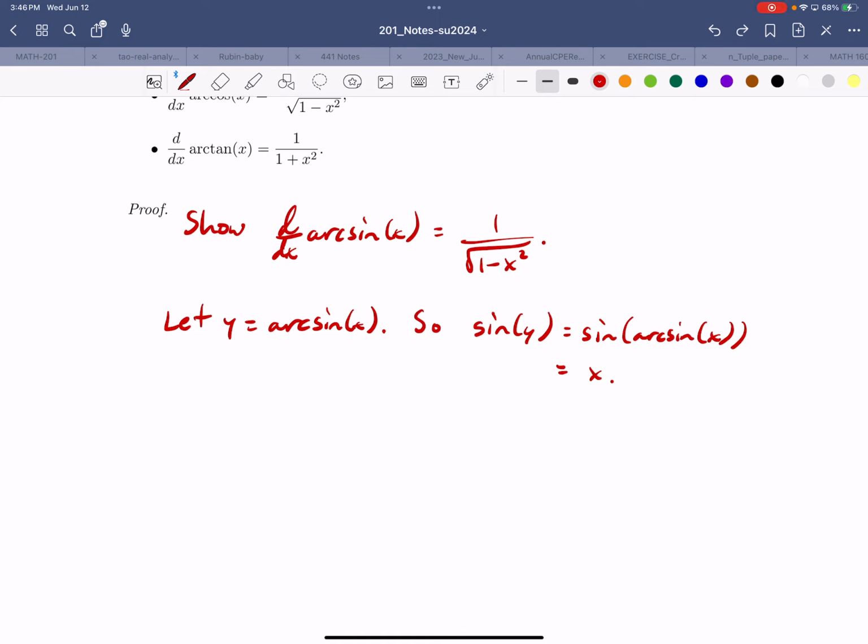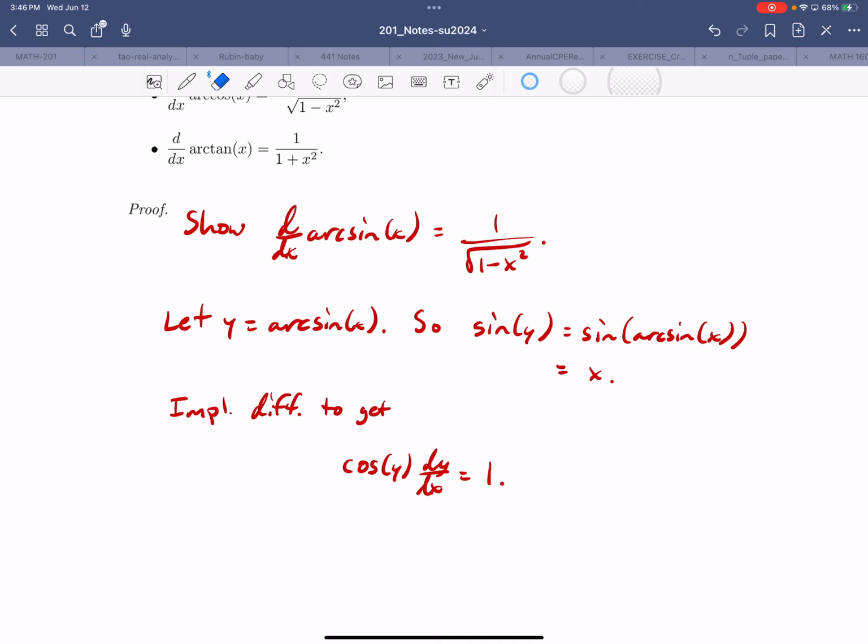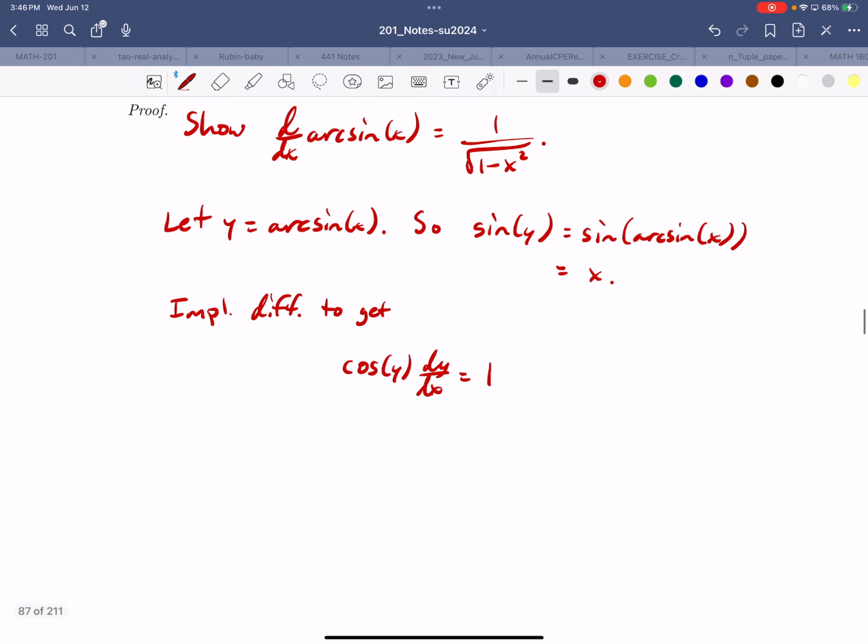That is important because we're going to implicitly differentiate. So we're going to get cosine of y, dy over dx, equals 1. Well, if we solve for dy over dx, we get dy over dx equals 1 over cosine of y.